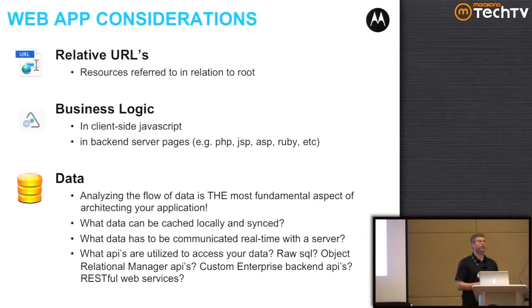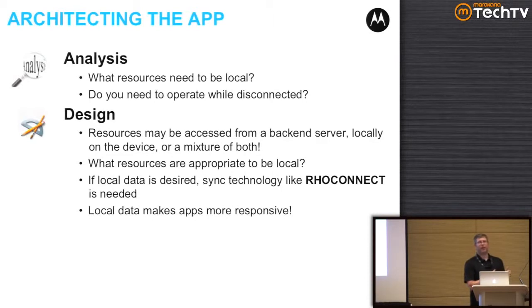How are you getting at your data? And the reason I say that you need to understand this is because, remember, part of what you're going to be porting your dynamic web application to is our structure and our format. So you need to understand what you have in your web app and what it's going to be targeted towards.